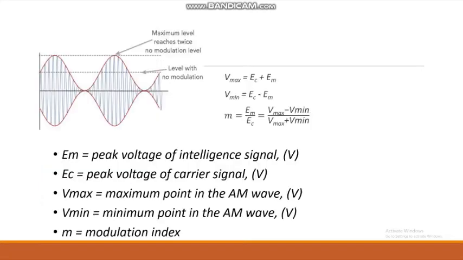So m is equal to E_m over E_c, where E_m is the peak voltage of the intelligence signal and E_c is the peak voltage of the carrier signal. So m can also be calculated as V_max minus V_min over V_max plus V_min, where V_max is the maximum point in the AM wave and V_min is the minimum point in the AM wave.